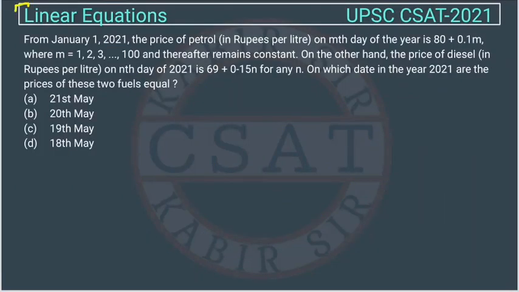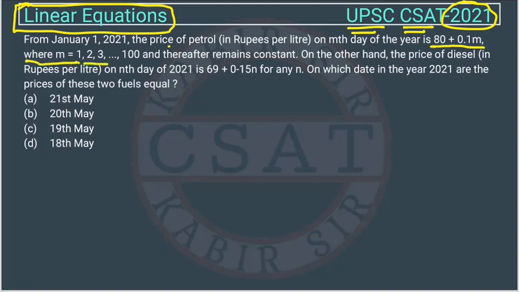This is a question taken from the chapter linear equation. This question was asked by UPSC in their CSAT exam of 2021. It is a good question, so just focus on it. From January 1st 2021, the price of petrol on the mth day of the year is determined by this equation, where m could be 1, 2, 3 till 100 and thereafter remains constant.